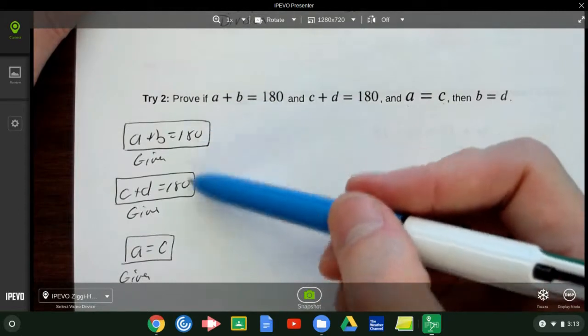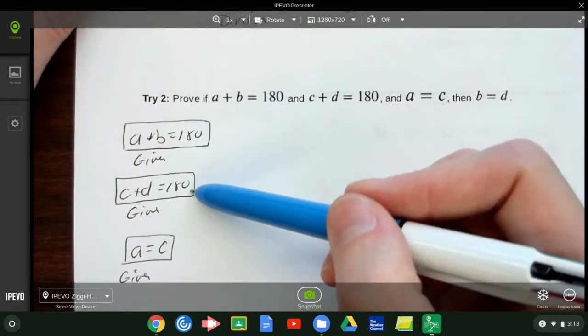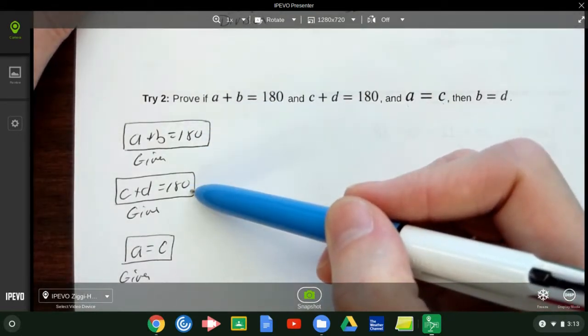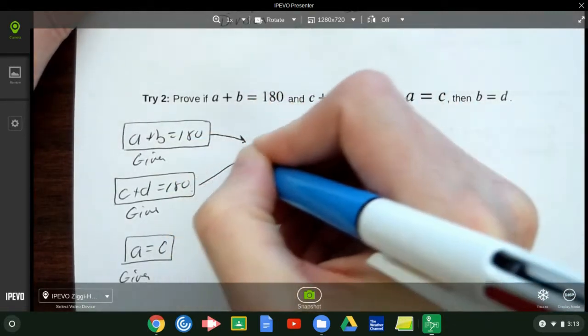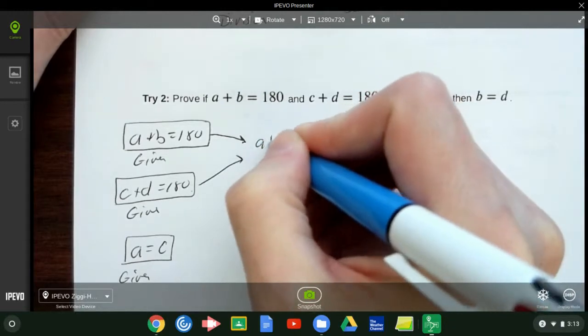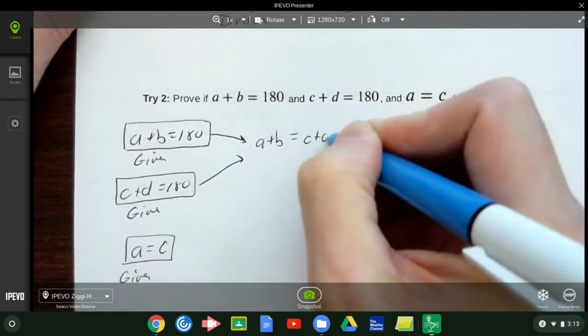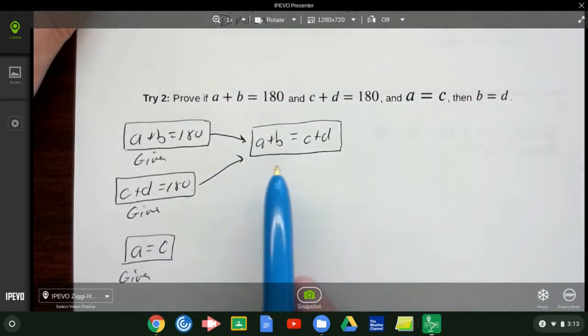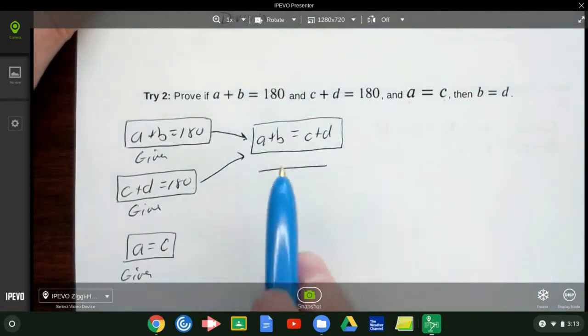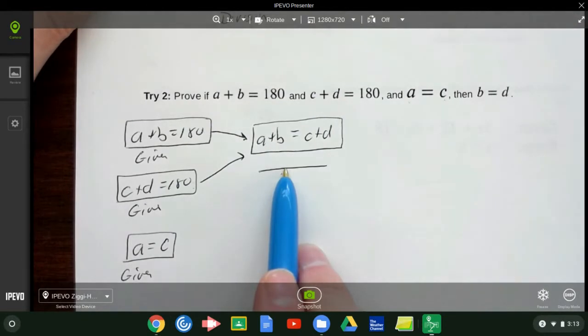Okay. Well, I look at these two and I see they're both equal to 180. So in algebra, I'd say, oh, set them equal to each other. But set them equal to each other is not a mathematical property. So take a wild guess, looking at our mathematical properties, and tell me, what did we do to get to this statement?